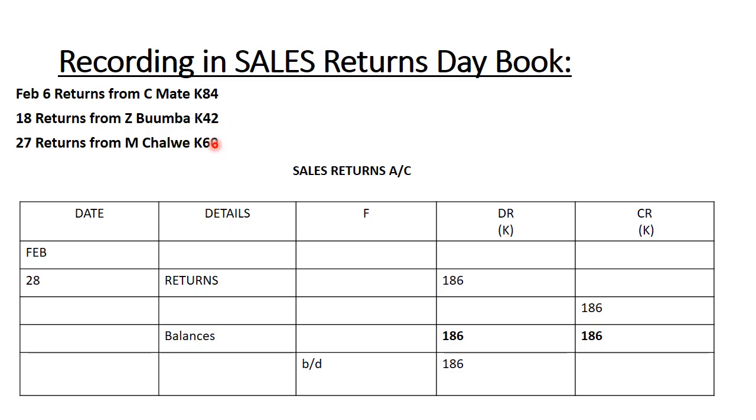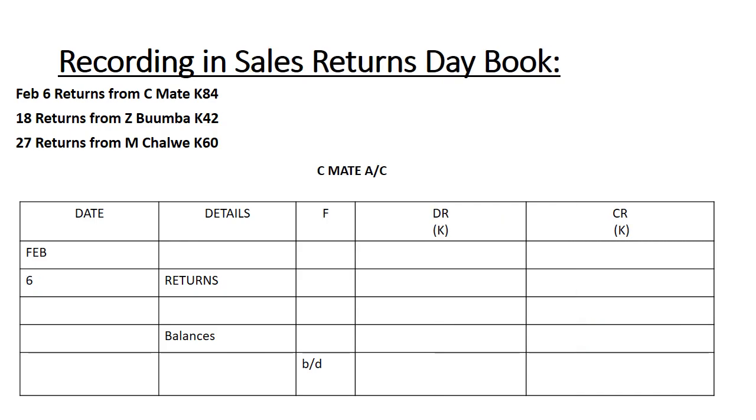I'm going to start with Simati. On 6th February, Simati returned goods worth 84 kwacha. So he or she gave us 84 kwacha, so we credit Simati 84 kwacha.